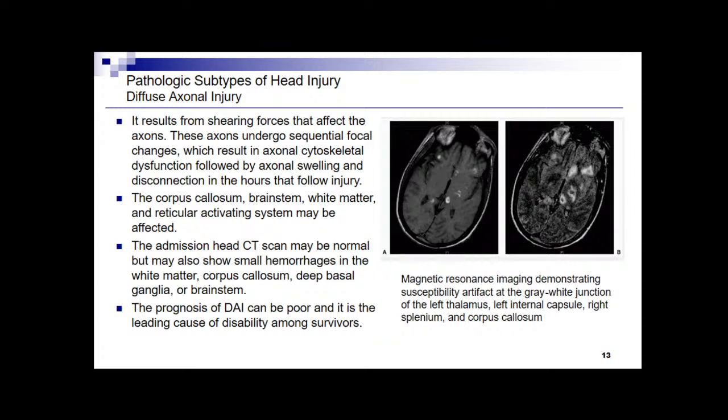This is histological injury. These axons undergo sequential focal changes, which result in axonal cytoskeletal dysfunction, followed by axonal swelling and disconnection in the hours that follow injury. In a few hours, the patient has disconnections of his axons in the brain tissue.